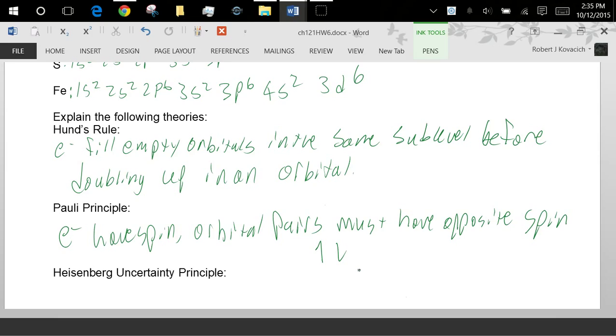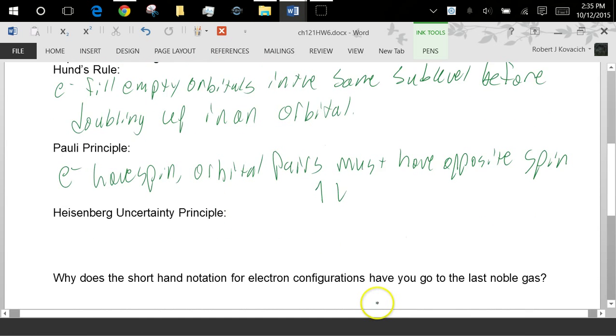If they spin the same way, they just push. They have a magnetic field that pushes them away. However, when they're opposite, the magnetic fields hold them together. So when the electrons spin, they create a magnetic field, and if I have them spinning in opposite directions, then their magnetic fields are attracted to each other. And if they're spinning in the same direction, then their magnetic fields oppose, and they're already opposing because they're both negatively charged. So this holds them together.